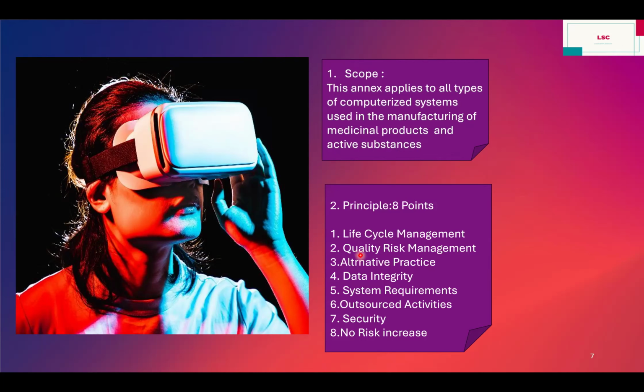Second one, quality risk management, QRM. Before that, we have to check what the risk is, what the hazard is in my GMP work, and how I can mitigate it with the addition of a new computerized system, my application. What are the controls and the mitigation plan?